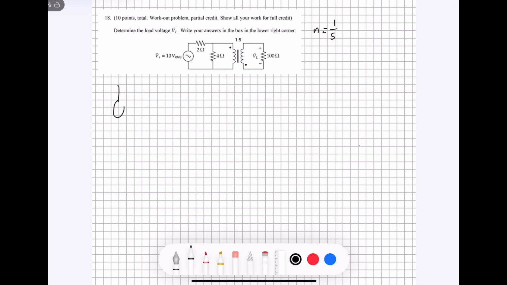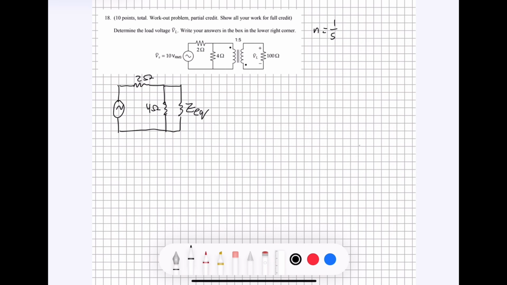We can just redraw the circuit a little bit to look like this, where we have those three resistors. That one's 2 ohms, this one's 4 ohms, and then this one is going to be the equivalent impedance.